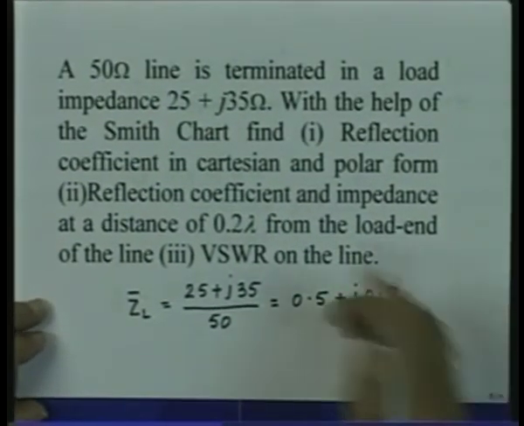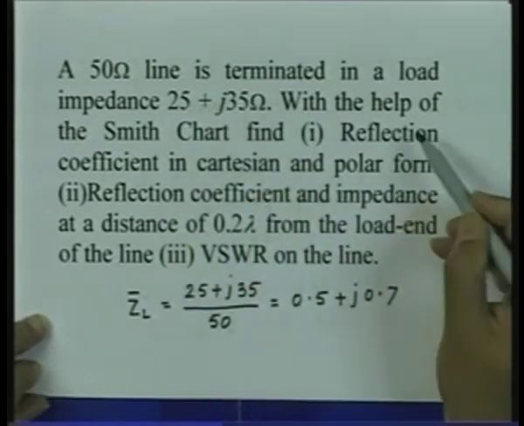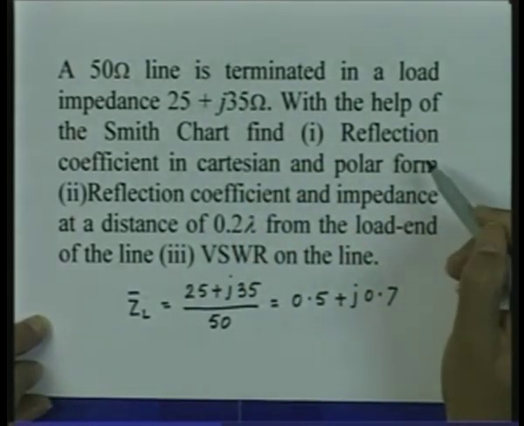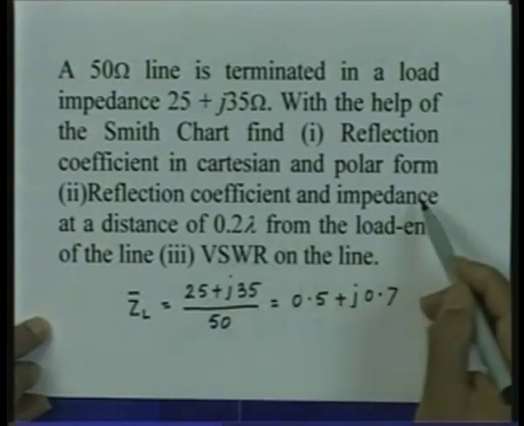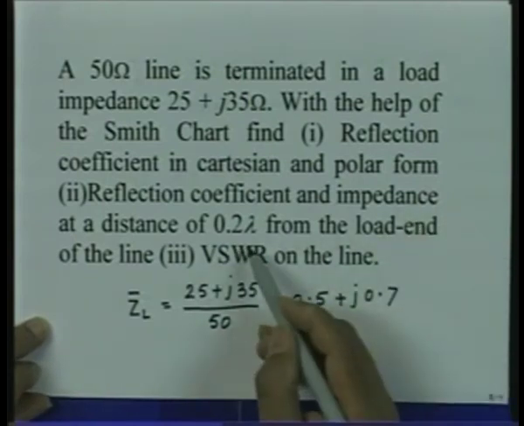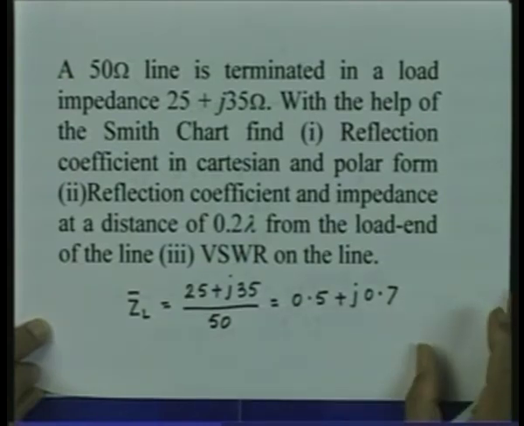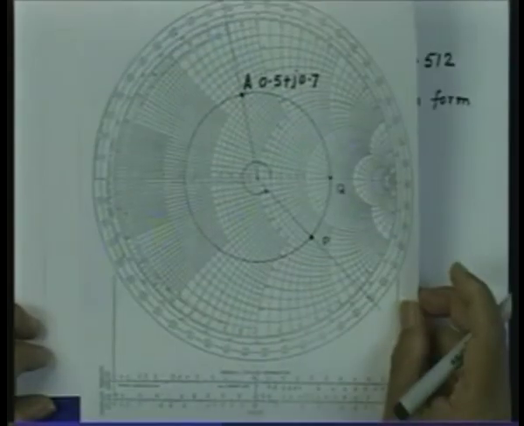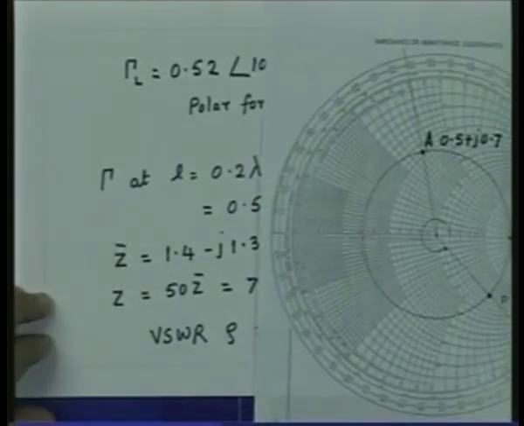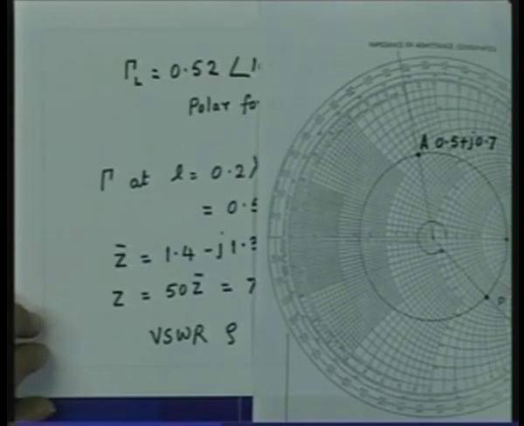So, in this problem we are given the load impedance, we were asked to find out the reflection coefficient at the load, the impedance at a distance of 0.2 lambda, and also the VSWR on the line. And as we mentioned earlier, without doing any rigorous calculation, we could estimate all these values on the transmission line.